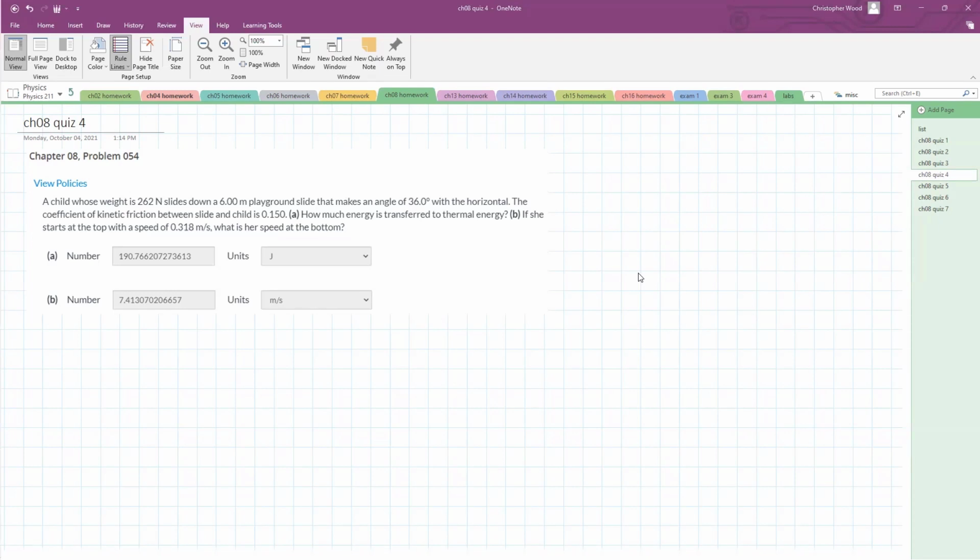No, my quiz 4 has like a box on a slope. Yeah, it's the same for me. Okay, yeah, 867. Huh, darn it, I wish that wouldn't do that.